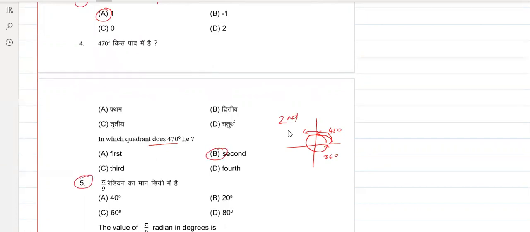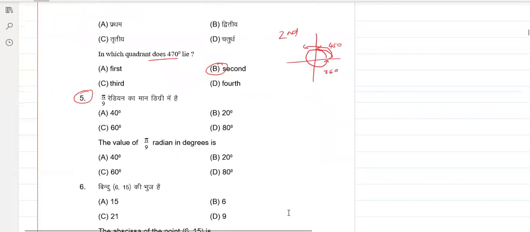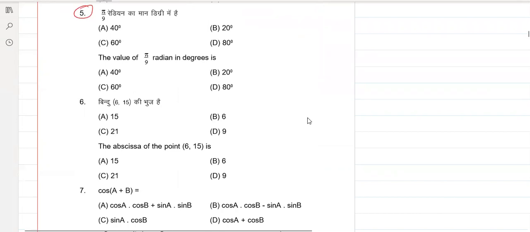Number 5. Question number 5. The value of pi over 9 radians in degrees is, so use this formula here. Pi is equal to 180 degrees. So we want to know pi over 9 is x in degrees.